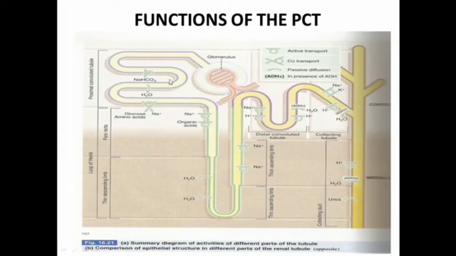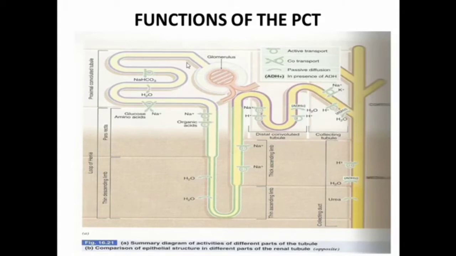So to see what is happening, the main function of the proximal convoluted tubule is the reabsorption of water, sodium, and the nutrients. What nutrients?